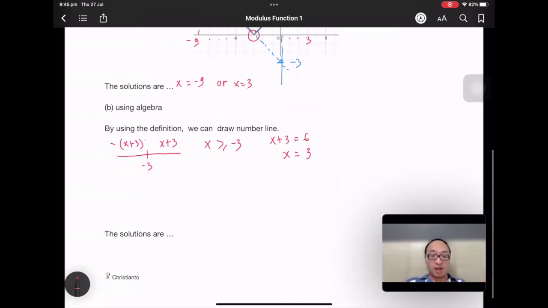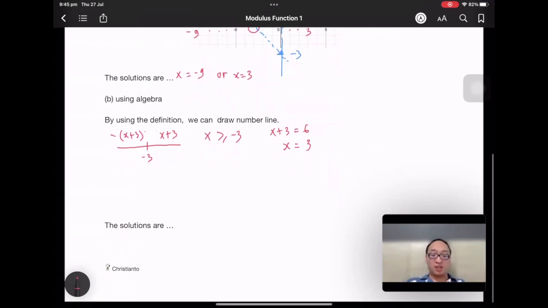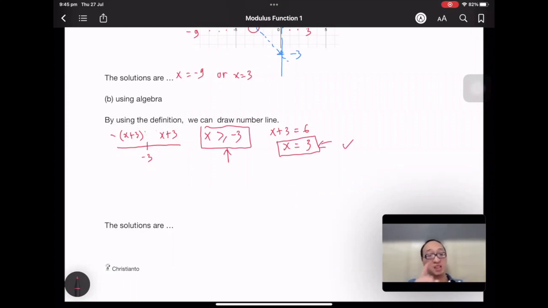Now, we have to check whether the solution is in the given region. This solution is for the region x greater than or equal to negative 3, and this is correct because 3 is greater than negative 3. So we can take this as one solution.